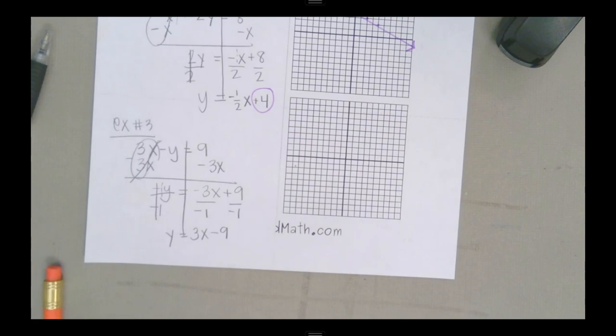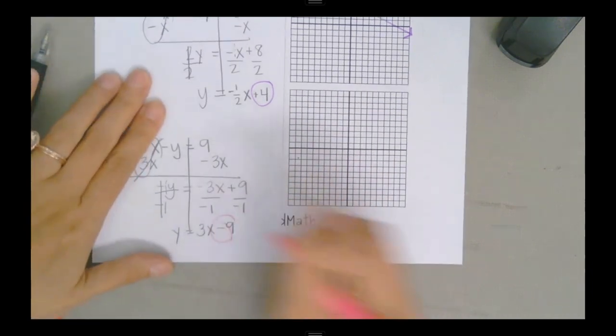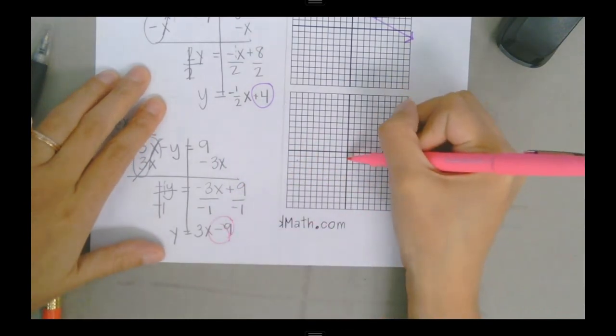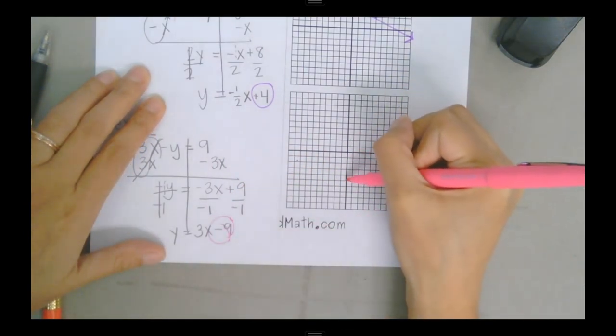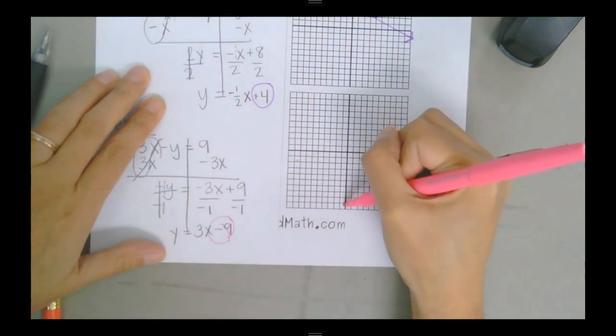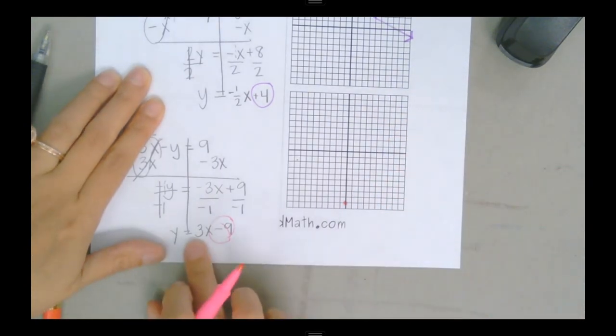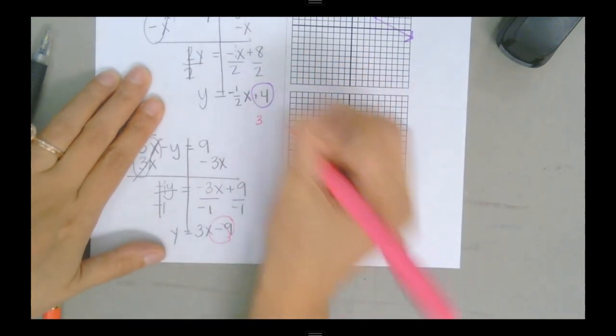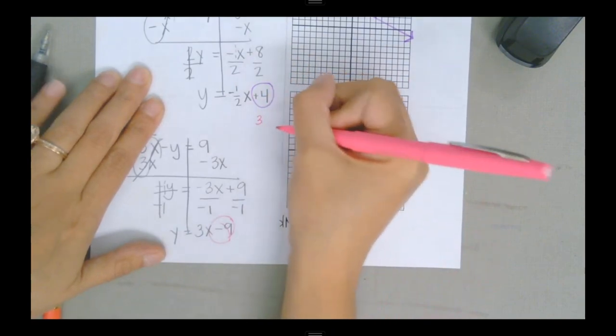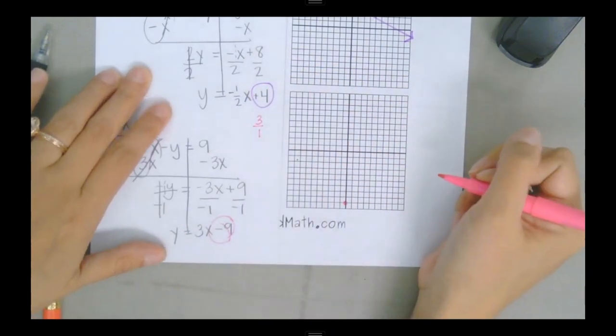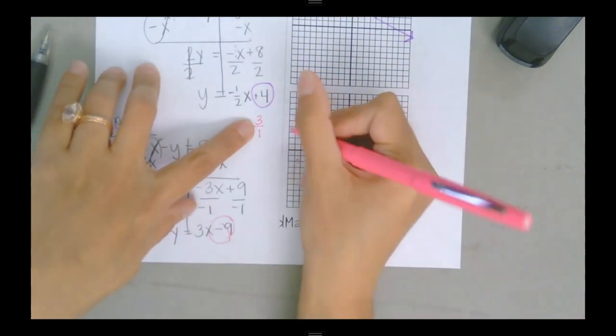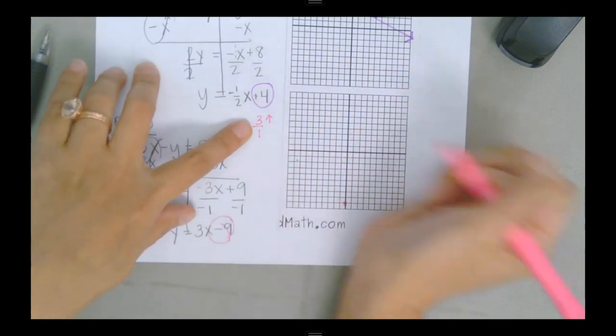So now that we've converted, we're going to go ahead and plot our negative 9, our y-intercept. 1, 2, 3, 4, 5, 6, 7, 8, 9. And I have 3 as my slope. So to make that a fraction, I'm going to put a 1 under it. The 3 is positive, so that tells me to go up 3.